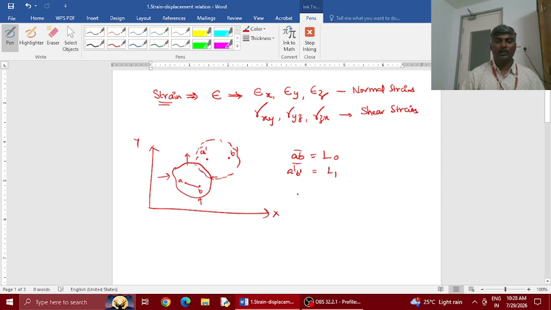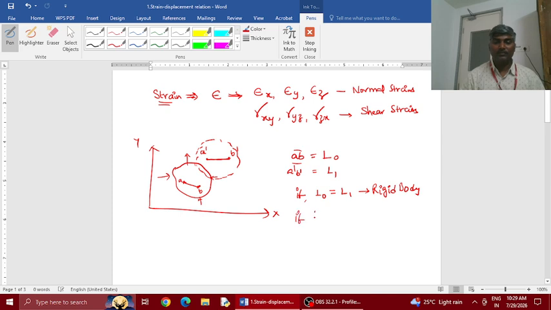So if L naught is equal to L1, it means the points which are being displaced have not been elongated, or the dimensions have not changed. So this is what we call the rigid body movement.